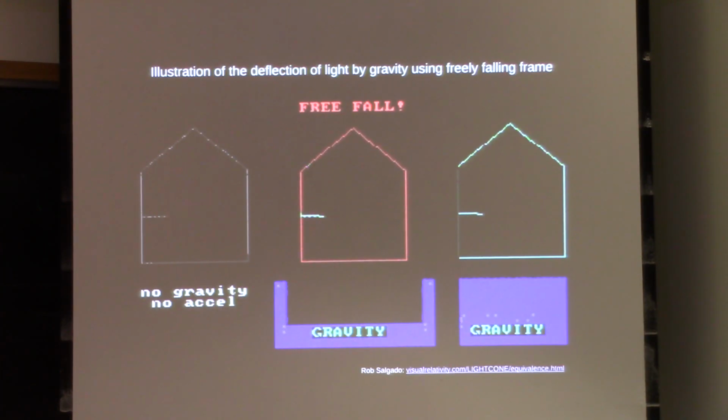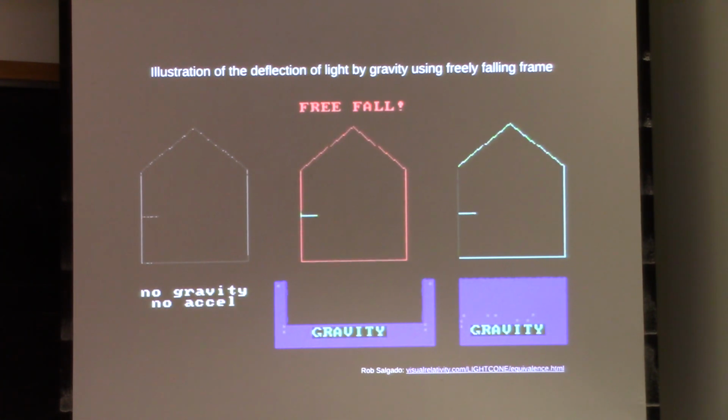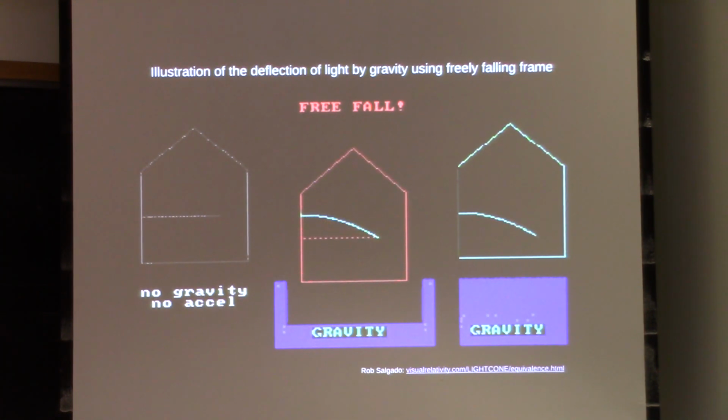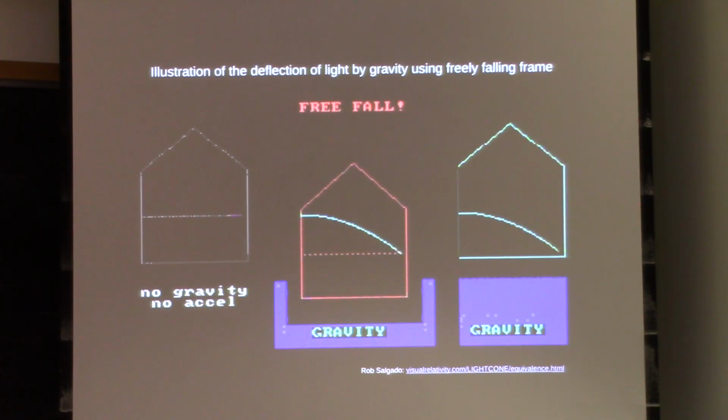And so everybody's going to see light curving, because there's no single inertial frame of reference in which you would see it going straight. You can only locally have it go straight in temporary, locally inertial frames of reference. So from that standpoint, yes, light really does curve because of gravity, because there's no single frame that everybody could agree on that would be inertial.